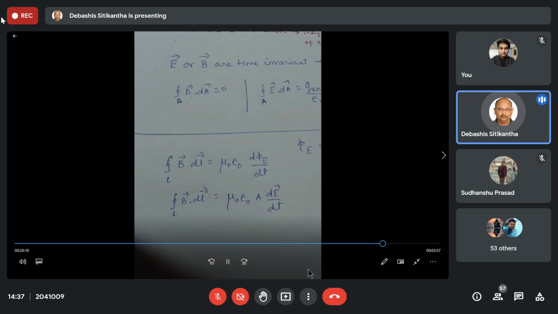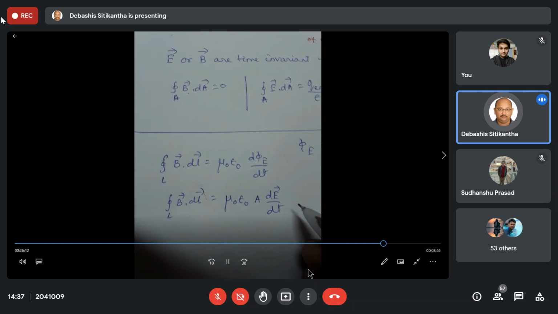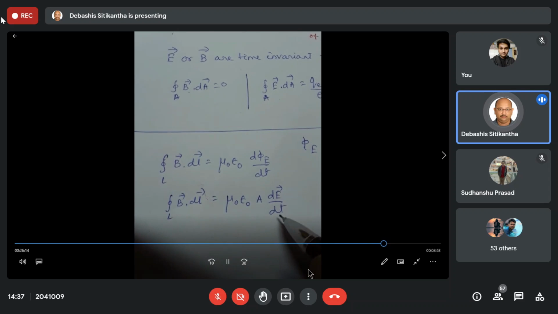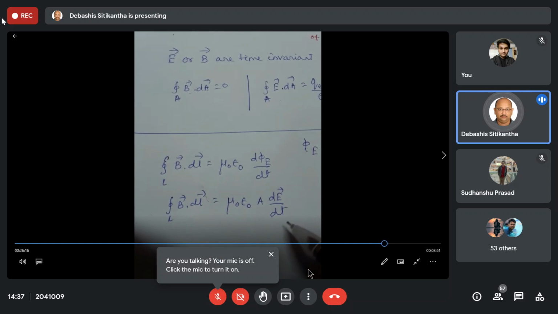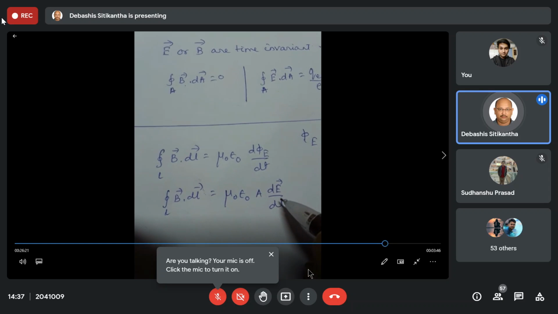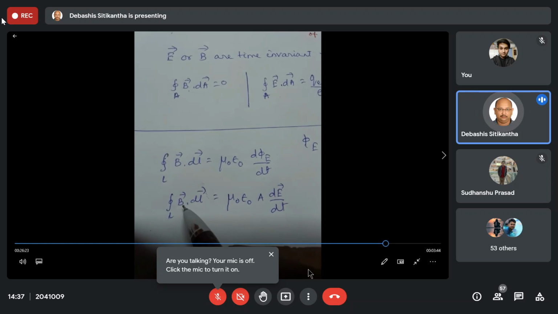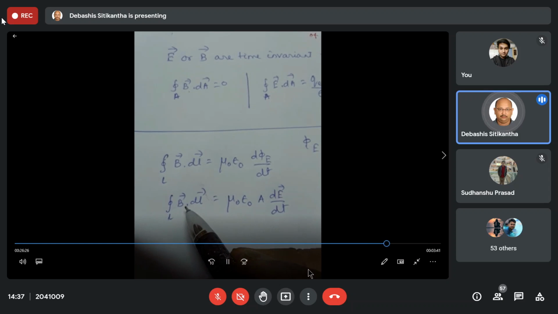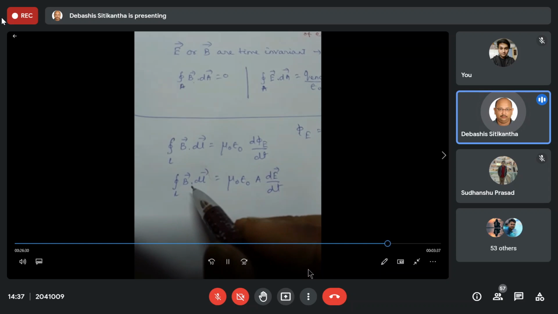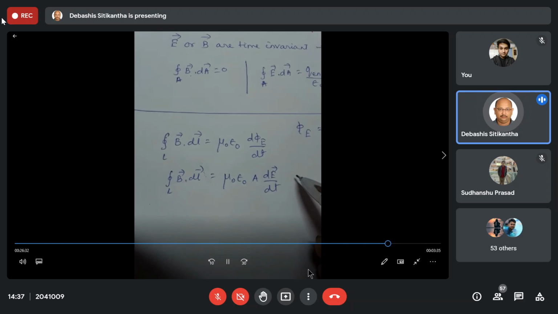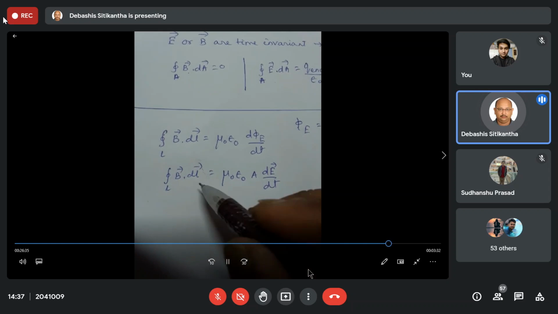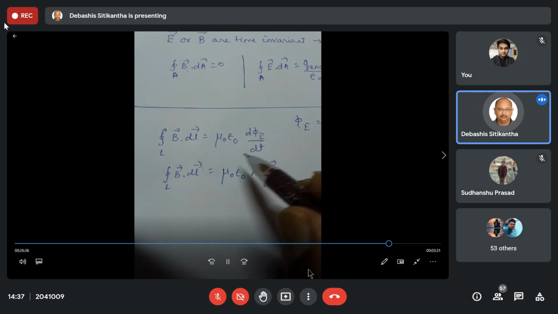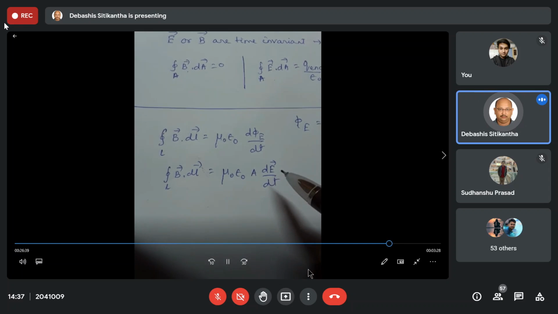Now you can see there is a term dE by dt. What is this? This is nothing but your time varying electric field. So whenever there is a time varying electric field, it generates a time varying magnetic field. So this B vector is actually changing with respect to time. It is not static in nature.